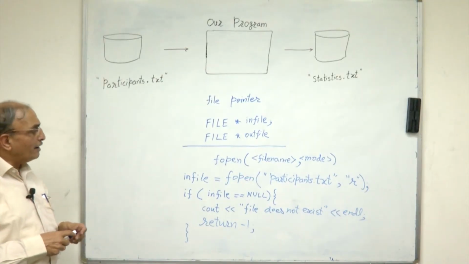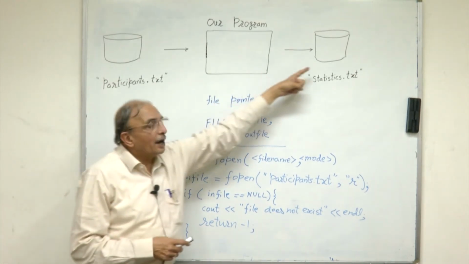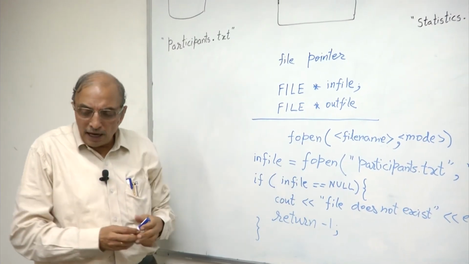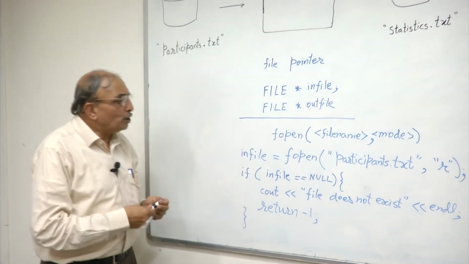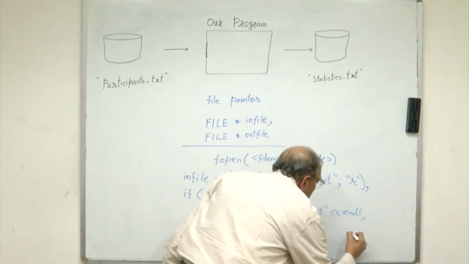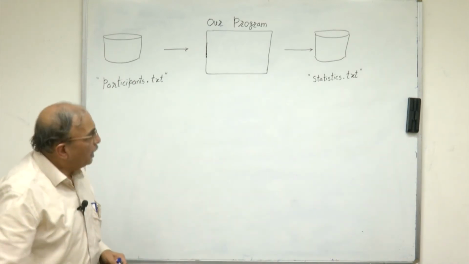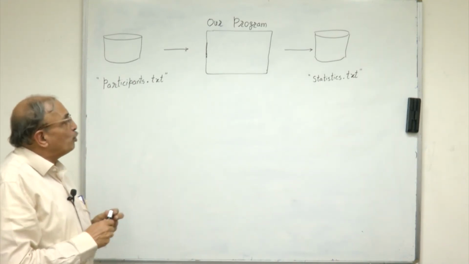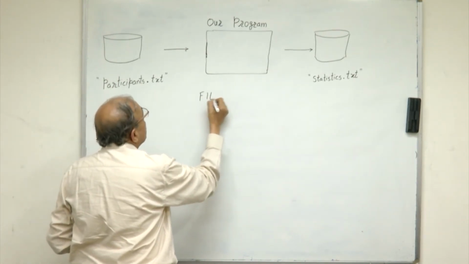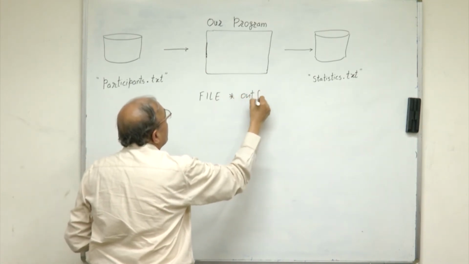If you want to open a file for writing, such as out file, in which you want to write something out here, you will use exactly similar fopen statement. The only difference will be that in that case you will not use R as the mode, but you will use W as the mode. So, for example, let me show you how an output file could be opened. You will recall we had declared a file star out file.